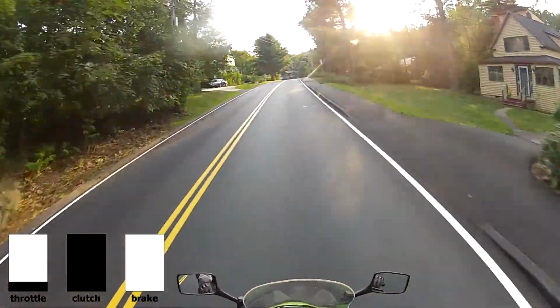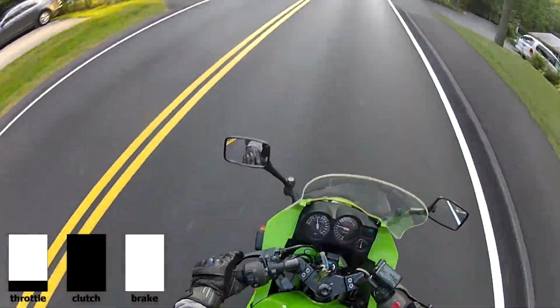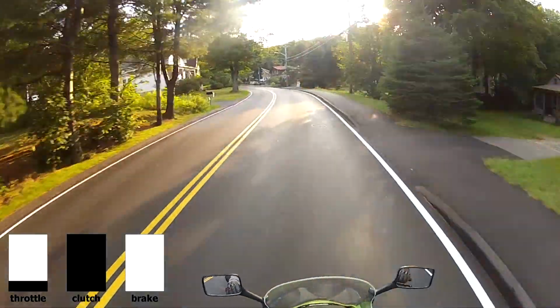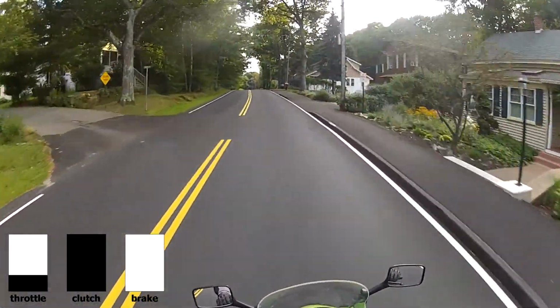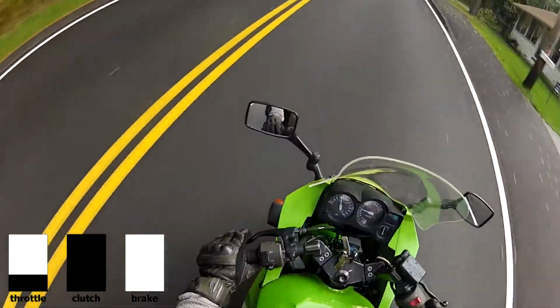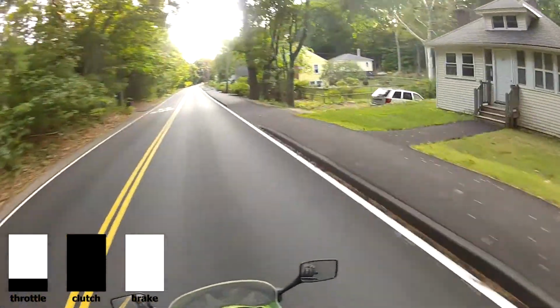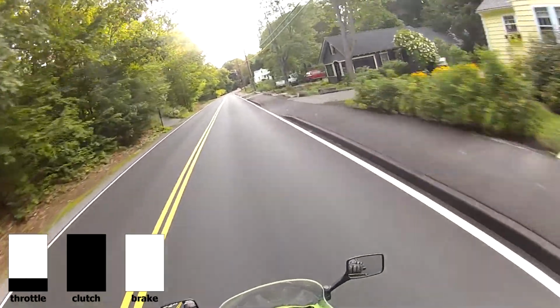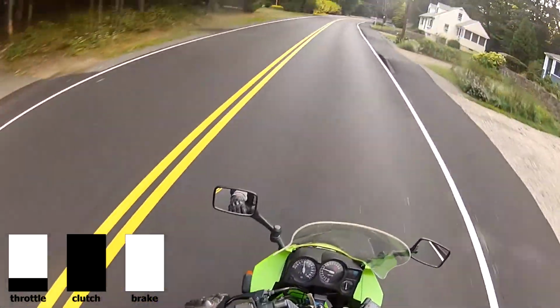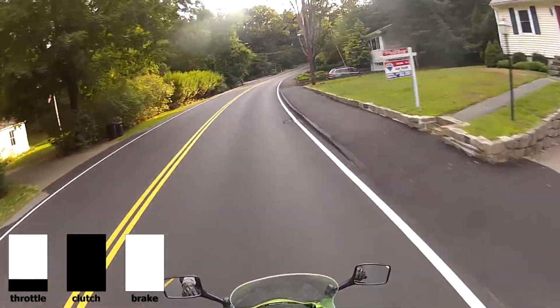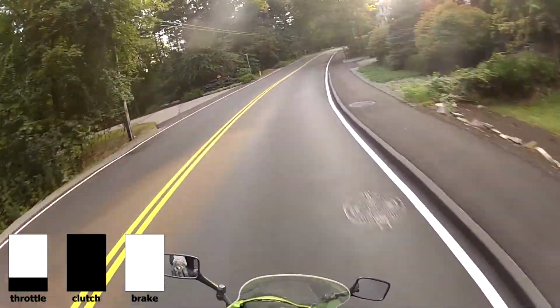You'll see the flickering. Also, I need a better way of refining the data, because there are some situations that will never occur. What I mean by that is the clutch lever, for example. In the video right now, you're probably seeing it as not being full. That's because sometimes the clutch lever extends further than it needs to.